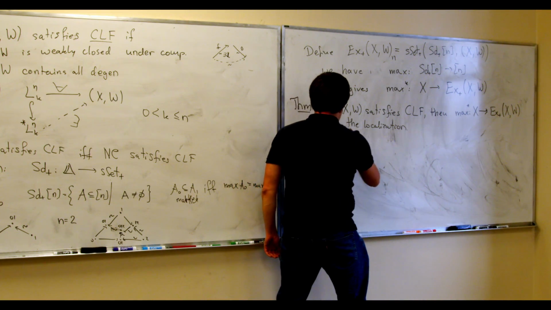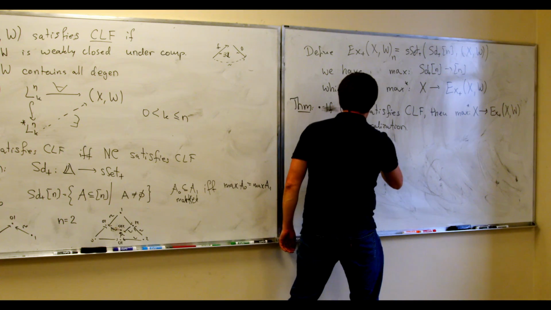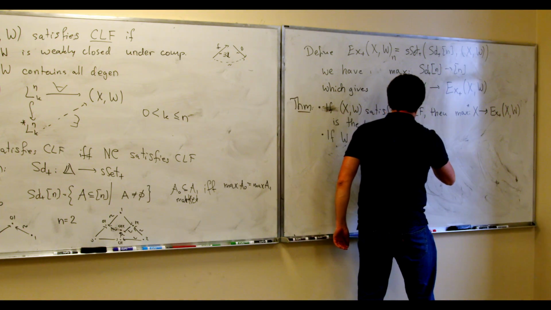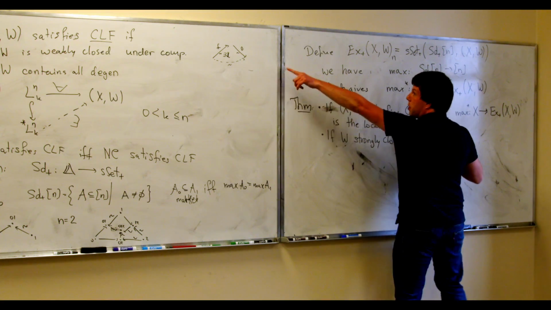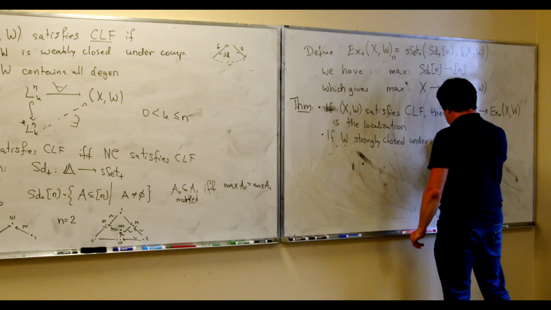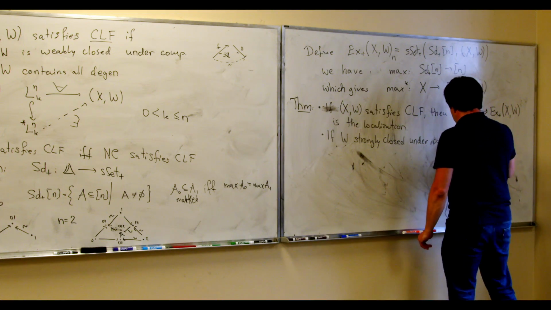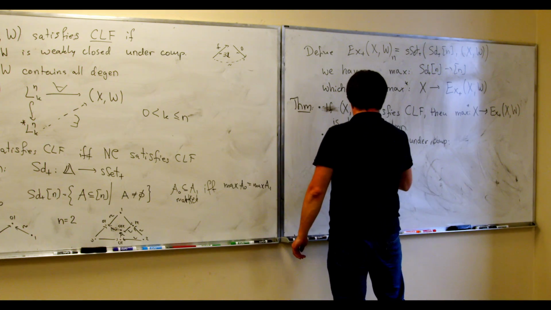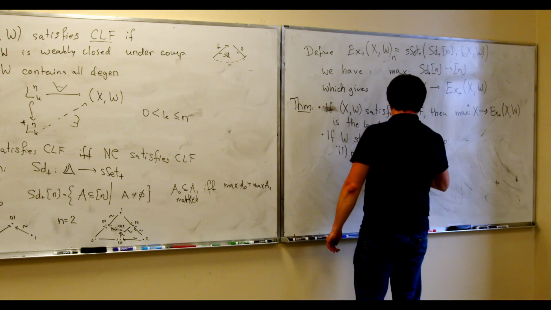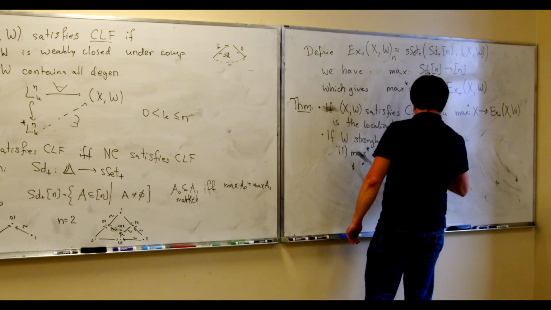So if, moreover, W is strongly closed under composition, so for every such morphism under composition, then max star preserves finite colimits.